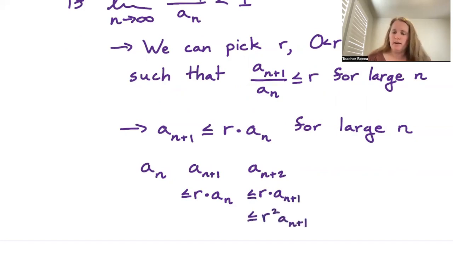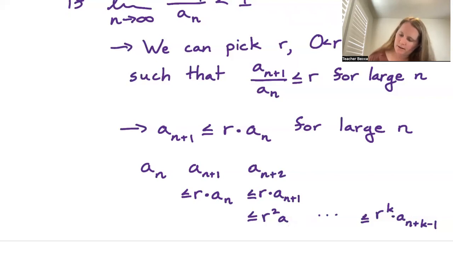Sorry, the last one should be: a sub n plus 2 is less than or equal to r squared times a sub n. And we can just go r to the k times a sub n for the n plus kth term.